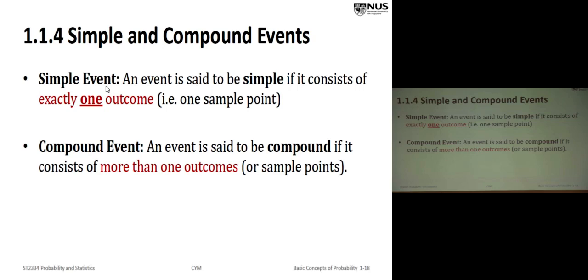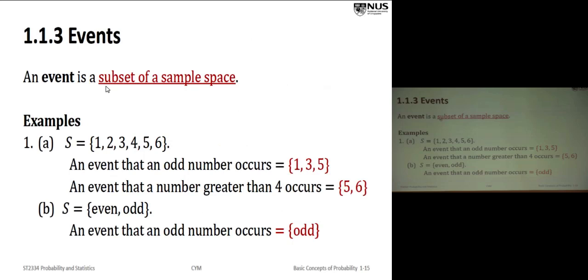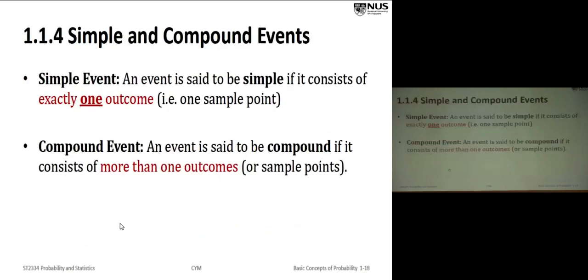Here was an example of that, and we're going to see a few more in a moment. A compound event, it's just terminology, but we need to know what these things mean because we're going to use this language freely throughout the course. It's compound if you have two or more outcomes, that is, two or more sample points: 2, 3, 4, and so on.